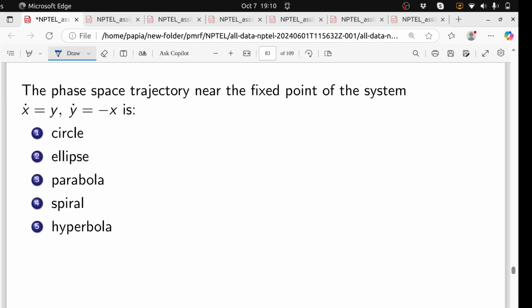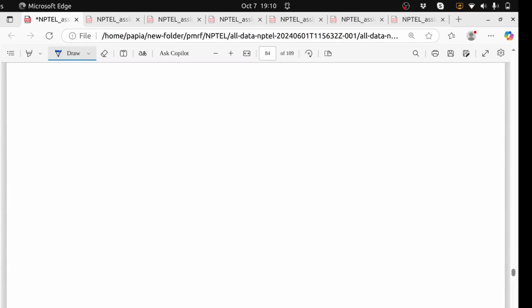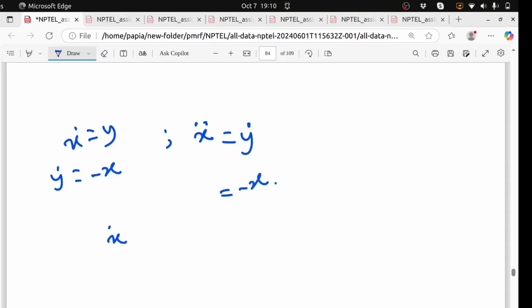So for this case, what we need to do? x dot equals to y, y dot equals to minus x. So x double dot is y dot and y dot is minus x. So x double dot equals to minus x. So x double dot plus x equals to 0.